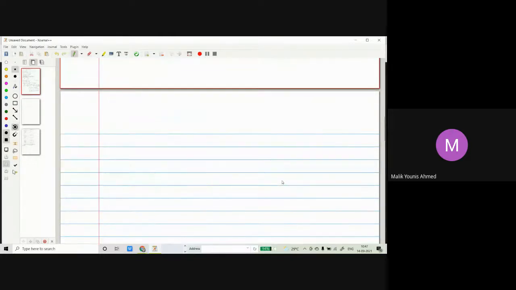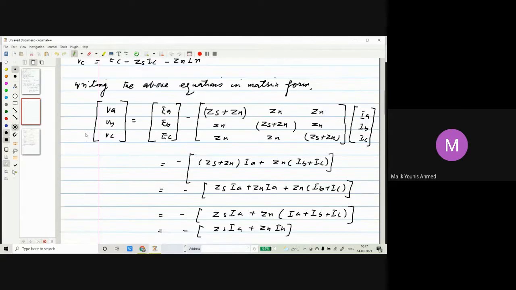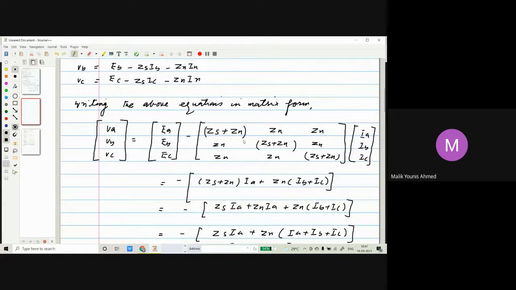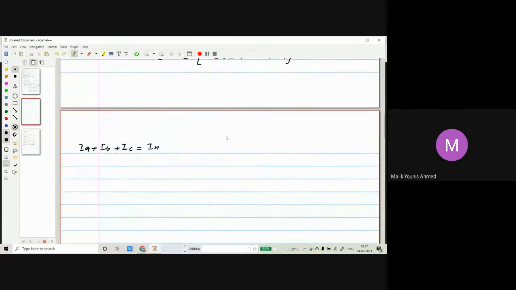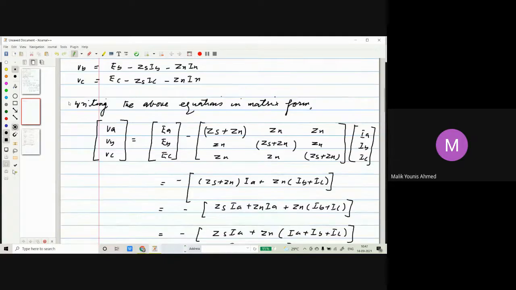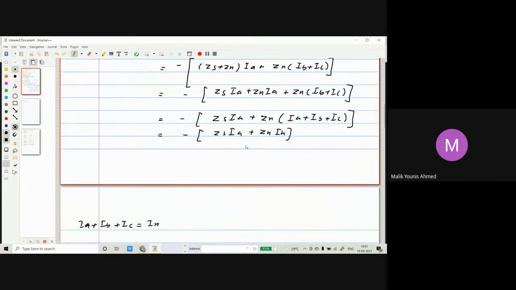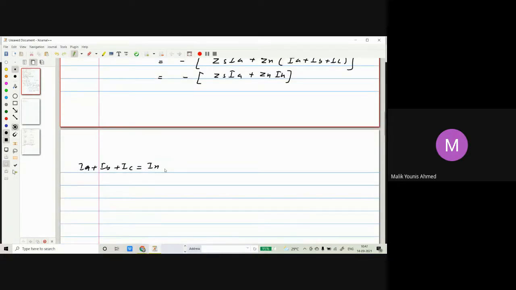Further, we also know IA plus IB plus IC is the neutral current if we have unbalanced currents. So we can write this equation as VABC, EABC, ZABC and IABC. In short form, let me name this equation 1.